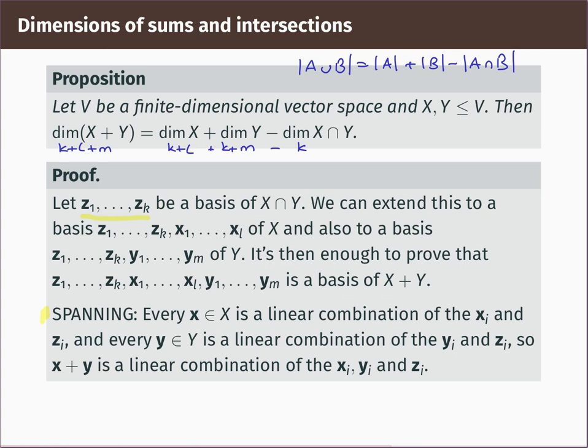So adding those two linear combinations together, every element of capital X plus capital Y is a linear combination of the x's, y's, and z's. That tells us that the x's, y's, and z's together are a spanning sequence for the subspace capital X plus capital Y. All we need to do now is prove that the x's, y's, and z's together are linearly independent.